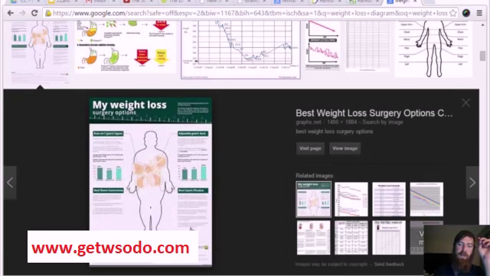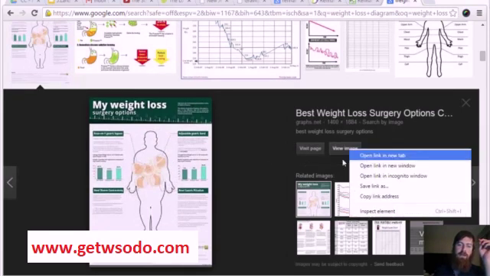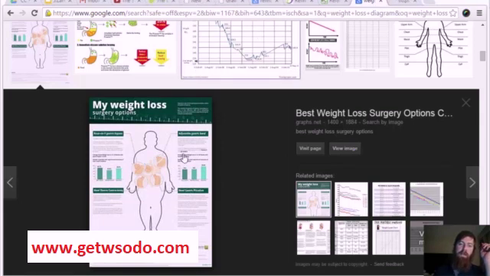Let's bring this up here. Now what you can see is they're calling out particular areas of fat. You don't really need to even read the text on the picture.